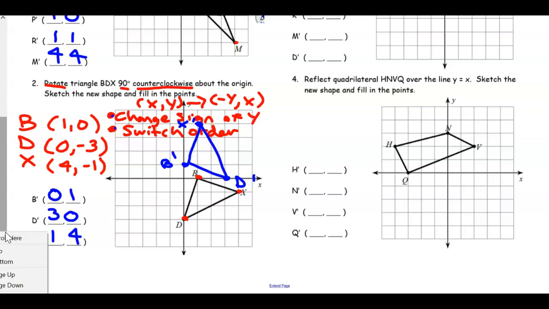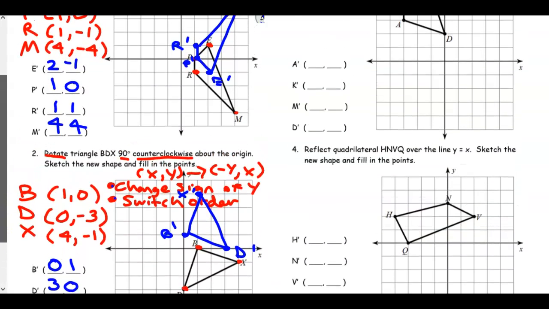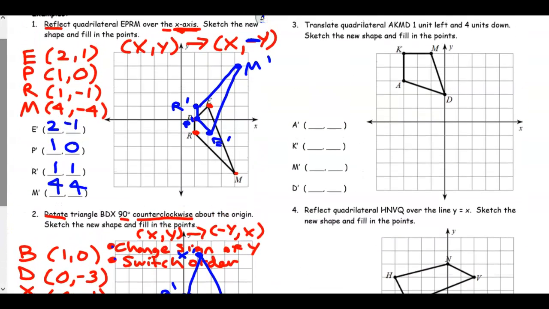Now, on number 3, you can probably get started on it if you want. Why don't you write down all the points on number 3 at the top there? So, yeah, 4 points. So, we have A, K, M, D. Now, I'm going to leave space here.